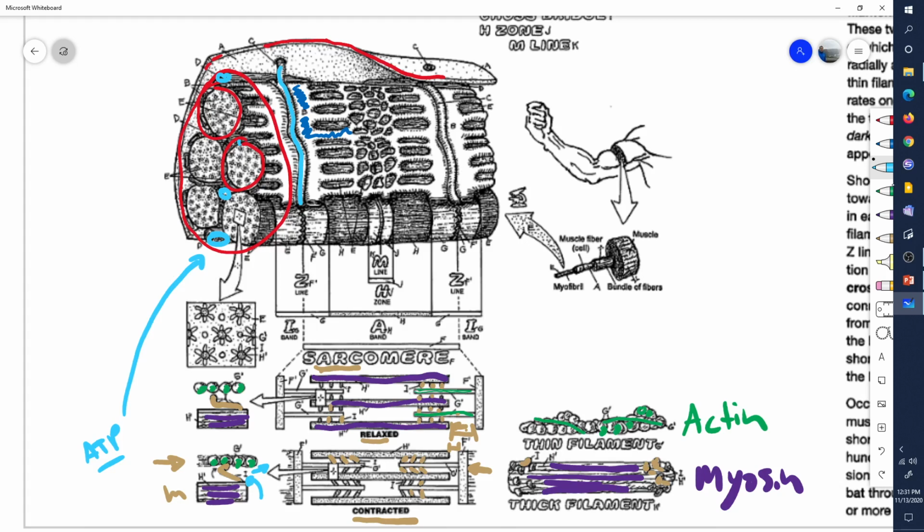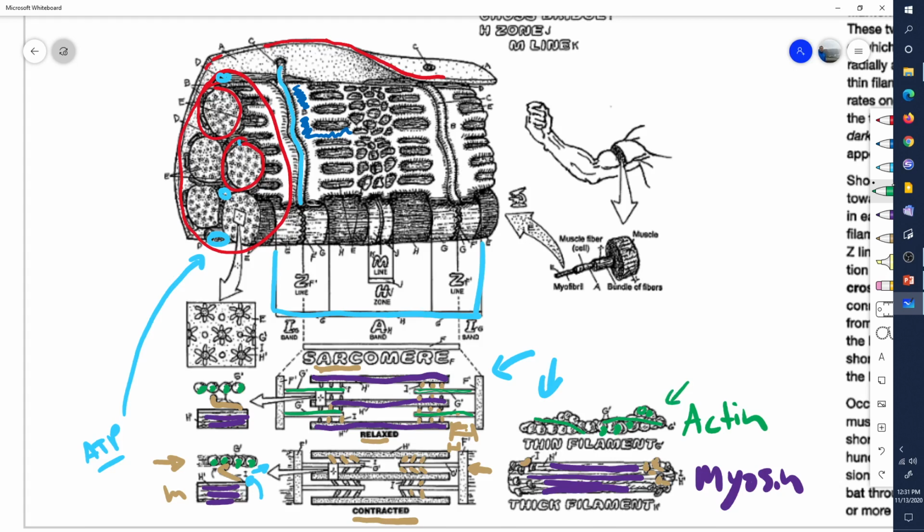Now, how does this whole scenario fit into this picture here? Just the basics. There's a lot of information here. The actin is the actin fibers, these fibers here and here.